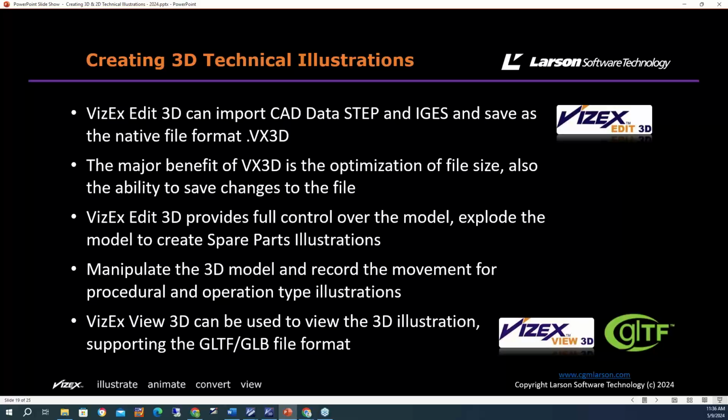So this could be a procedural or operation type illustration where things are moving through, say, a step procedure. And the way we would view that, we need some kind of viewer. So we developed VizEx View 3D, which means that you could put this into an IETM. There are other viewers out there, by the way, for GLTF and GLB.